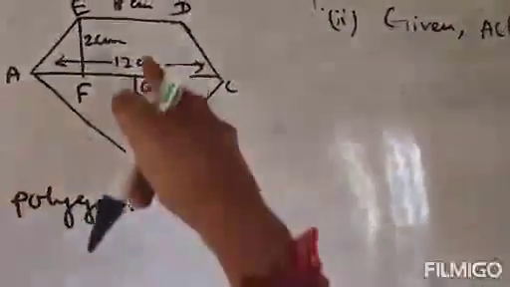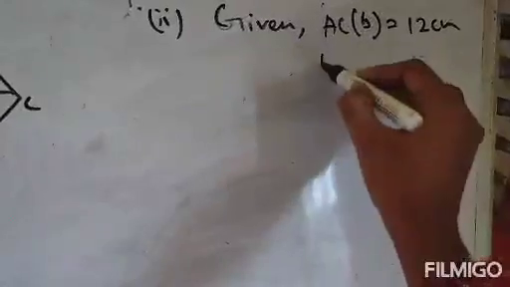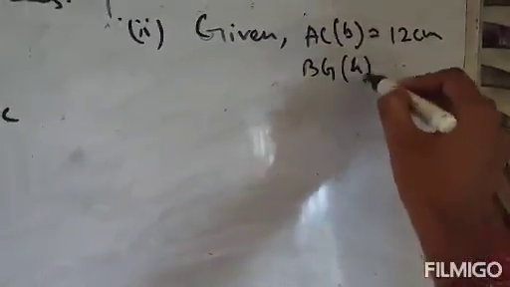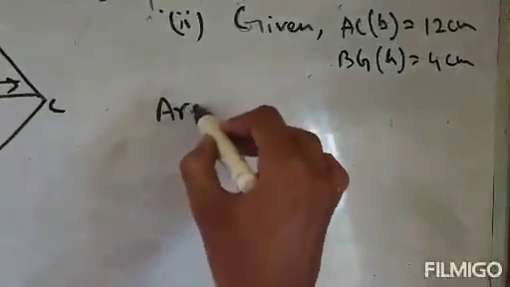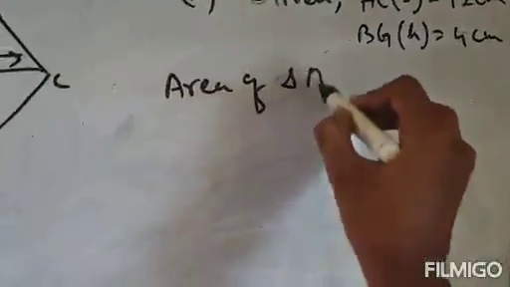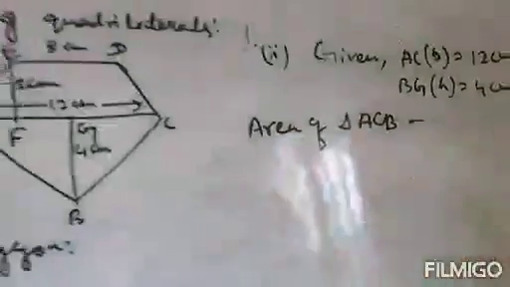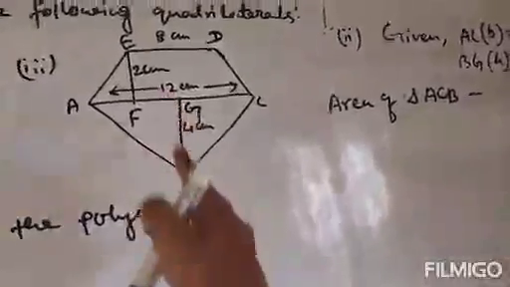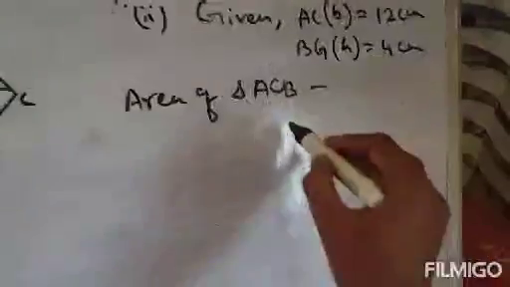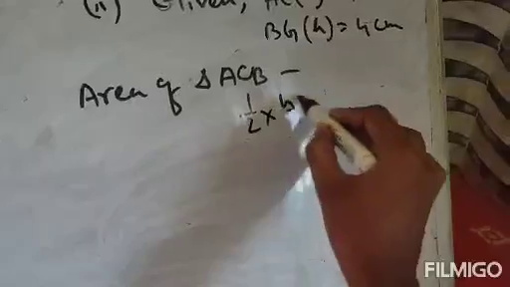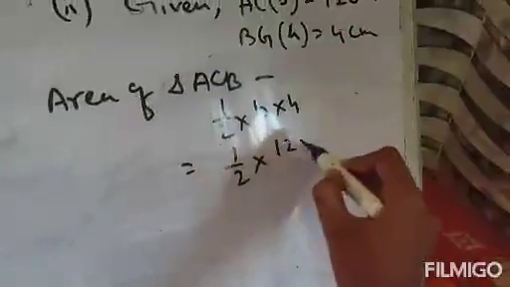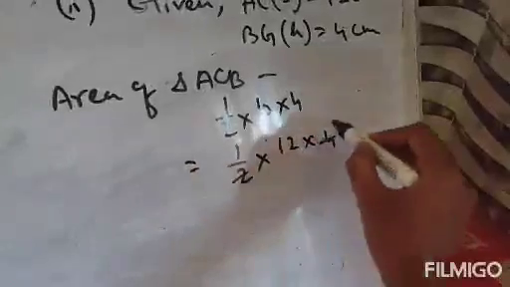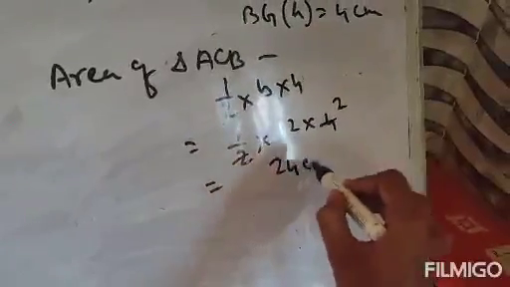In triangle ACB, GB is the height and AC is the base. Therefore the formula is 1 by 2 into base into height. So base is 12 centimeter, height is 4 centimeter, that is 12 into 2, which is 24 centimeter square, the area of triangle ACB.